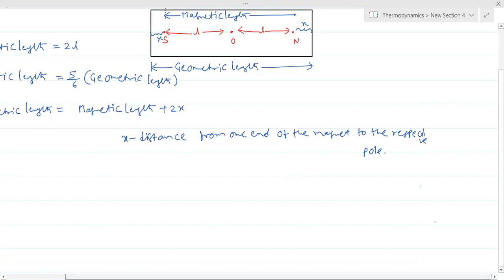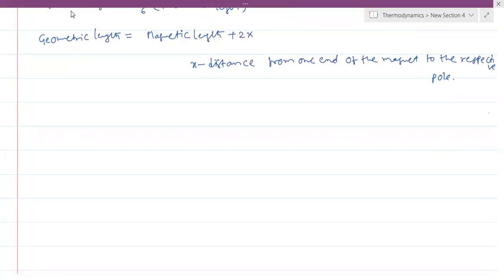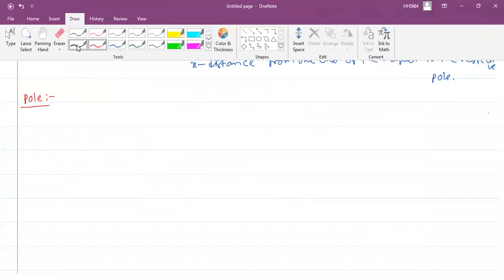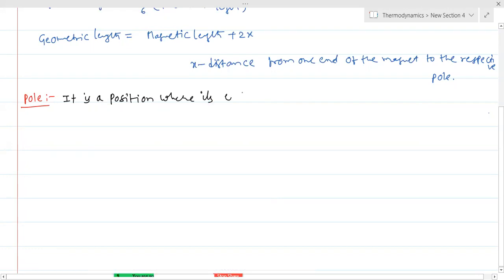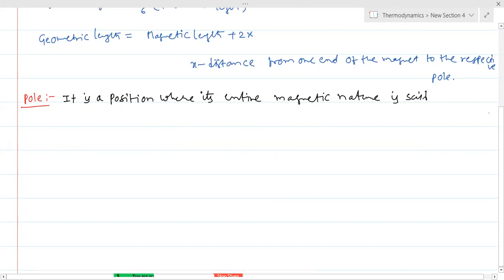Before starting the magnetism basics, first we will define what we mean by a pole, and we will start from the beginning. A pole is nothing but a point, or a position, where its entire magnetic nature is said to be concentrated.